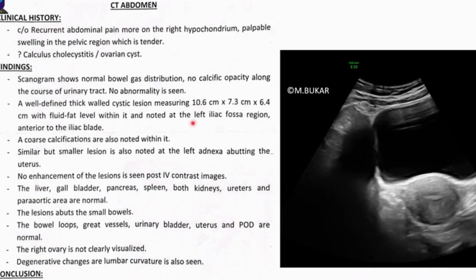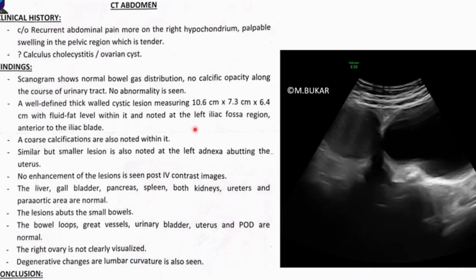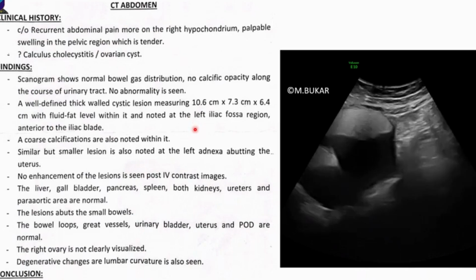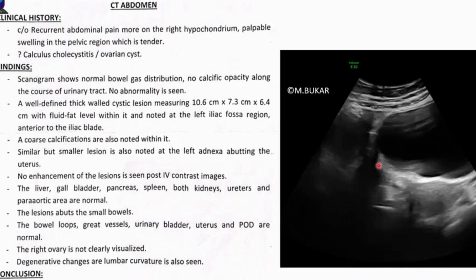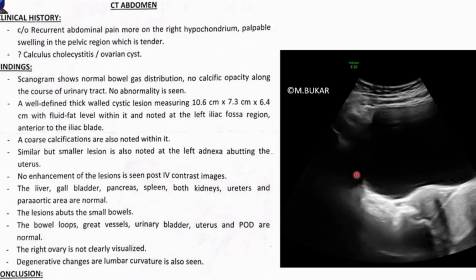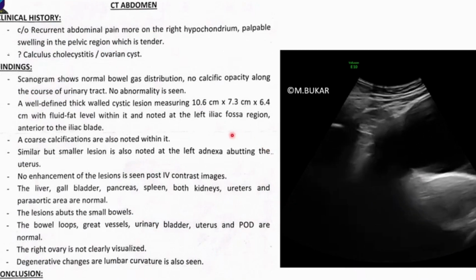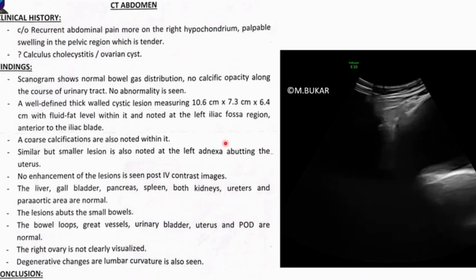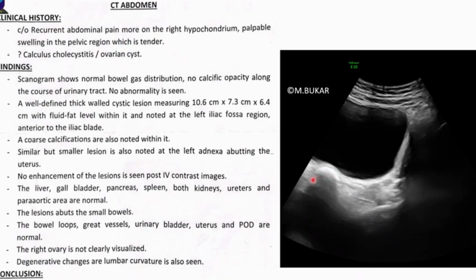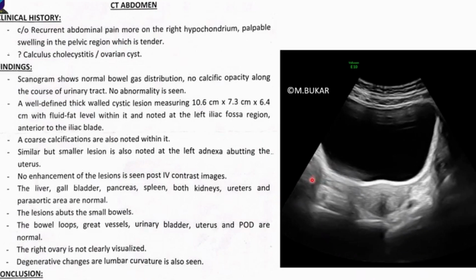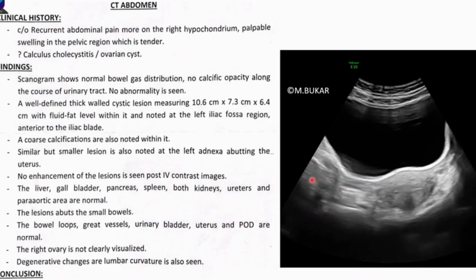So there was no need to request additional imaging modalities. If this was not described as complex, probably the physician would not have requested a CT scan. So it's always important to describe the nature of the lesion rather than describing the lesion as complex.